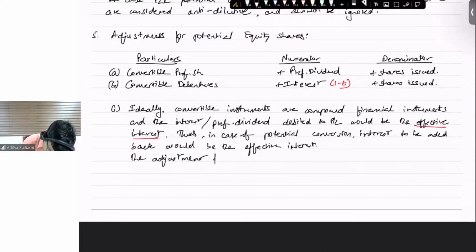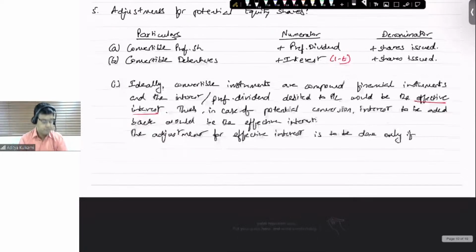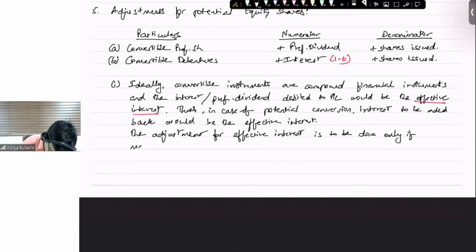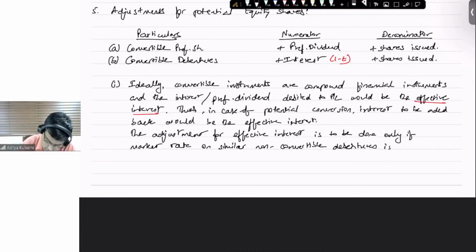The adjustment for effective interest is to be done only if the market rate on similar non-convertible debentures is given.